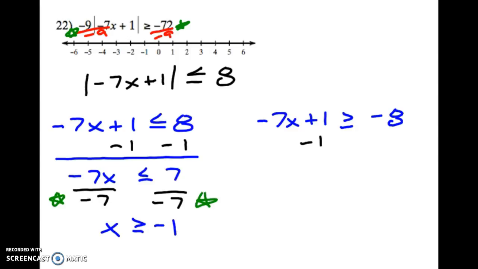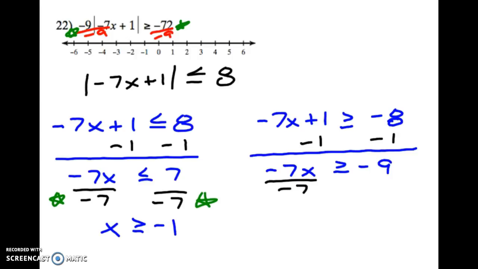Repeating steps on the right, subtract the 1. Dividing by that negative again. So we'll switch the direction of the inequality, and we'll end up with 9/7.